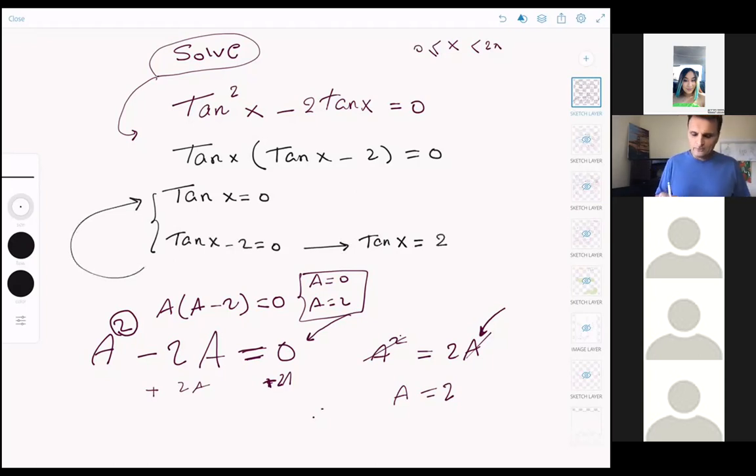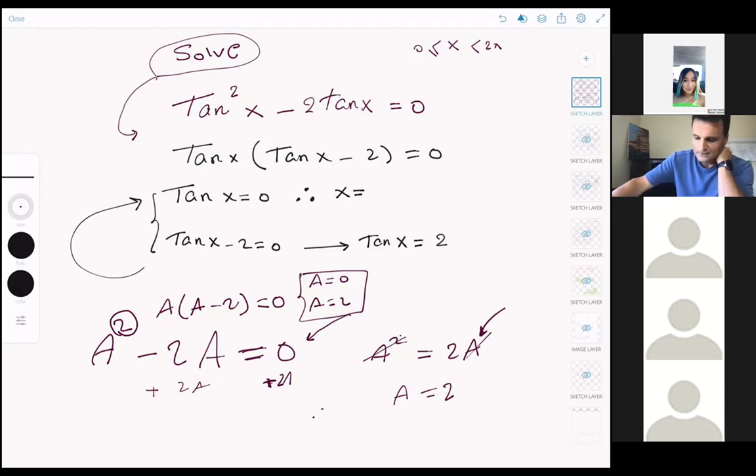Tangent of x equal to 0. What is x? I know Yvette knows that. Yvette, what is that? Is it 0?